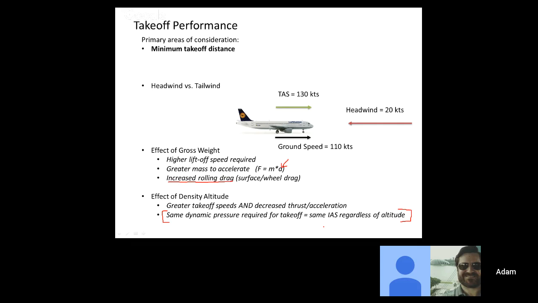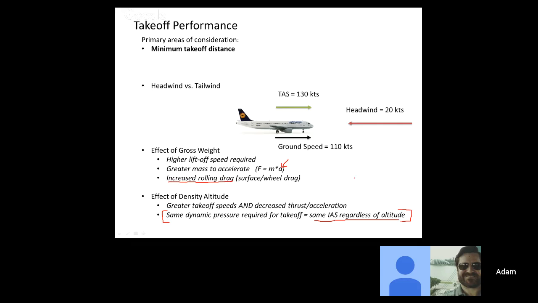And when you take off from Colorado Springs, where there's high density altitude, your aircraft is still going to lift off at 70 knots. And the first thought that you've got is, well, that doesn't make sense, right? Because Adam just told me that because of density altitude, it takes a lot longer to get down the runway. The engine doesn't generate as much power, and the wings don't work as well. So it's got to take off at a higher airspeed for the wings to work properly, right? Like 80 knots or 90 knots.